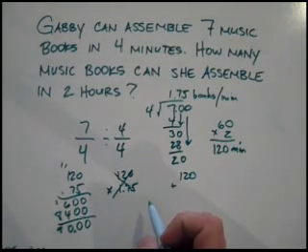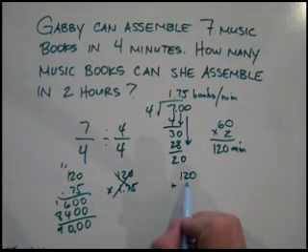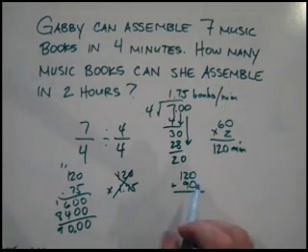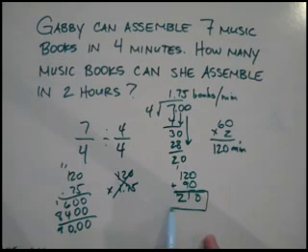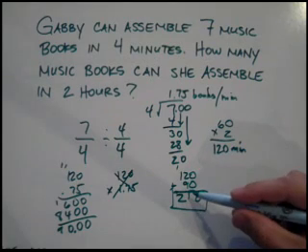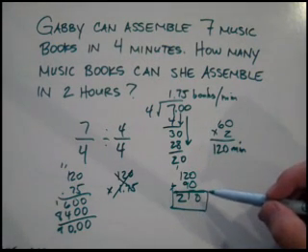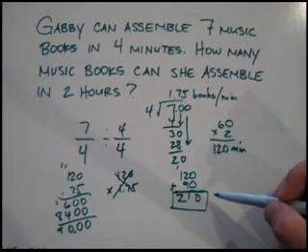So can you see that? Okay, yeah. All right, so now I come back, I add 120 to 90, 0, 9, 10, 11, 210. So I'm betting, I haven't looked at my answers yet, but I'm betting that 210 is going to be an answer, that she can assemble 210 music books in 2 hours.